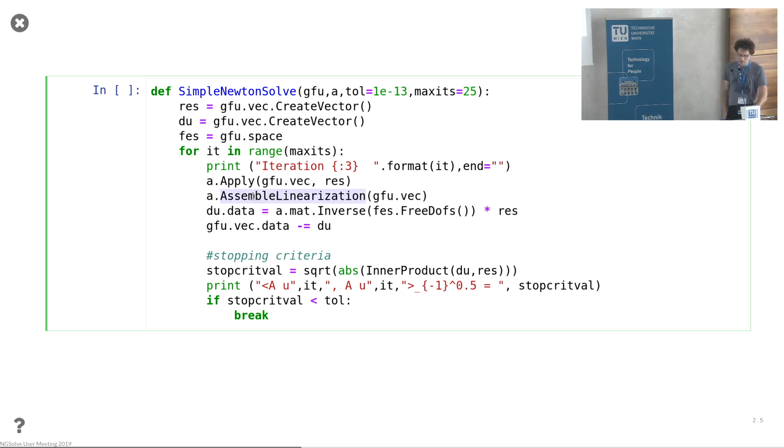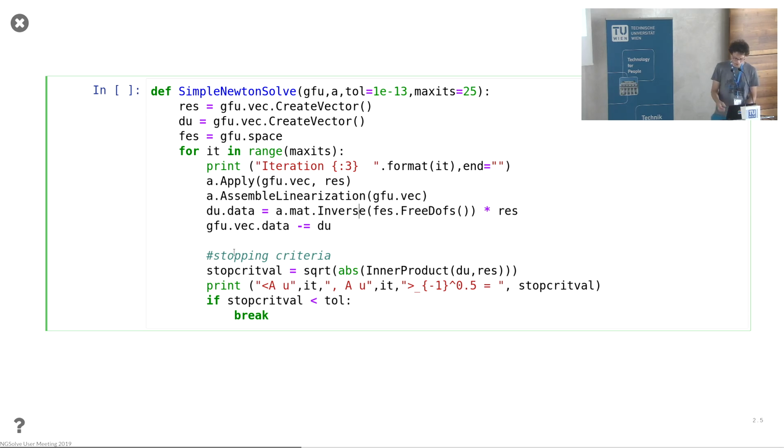And then there is the assemble linearization, which allows you to linearize your form around a linearization argument. Okay, and then you solve for the linearized problem. So here we set up the sparse matrix corresponding to the linearization argument. You can solve for this and update in Newton's method.